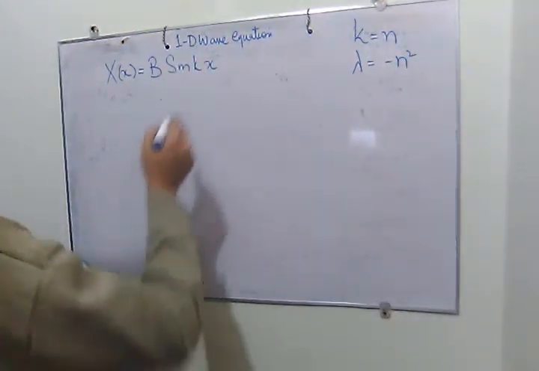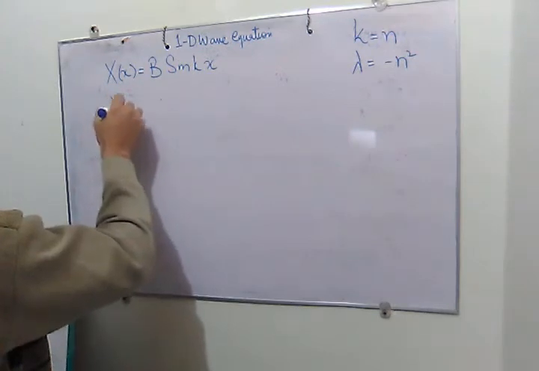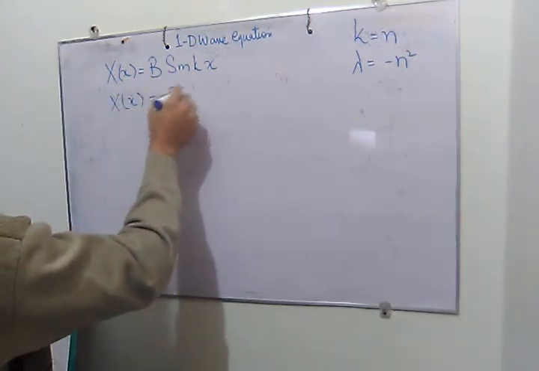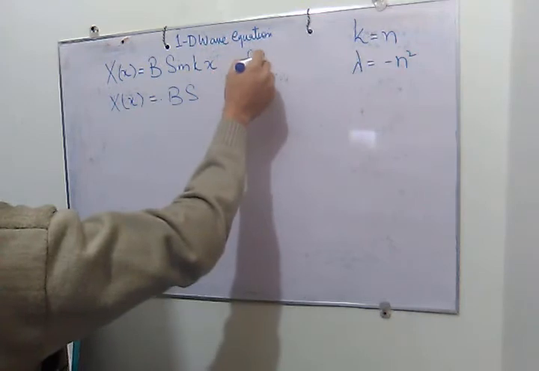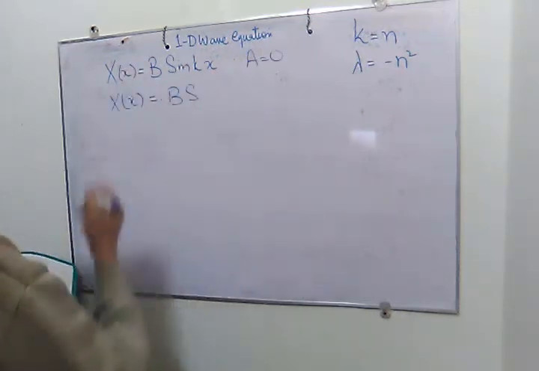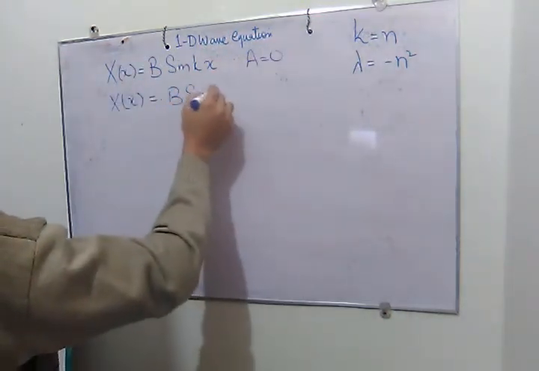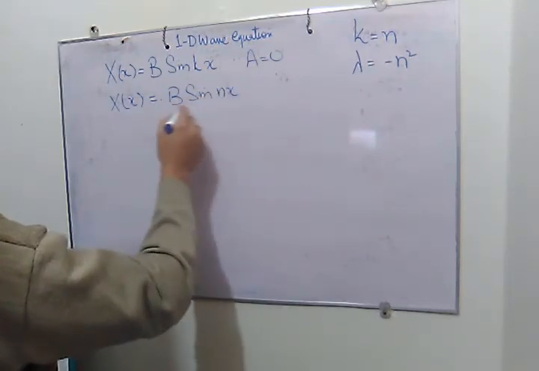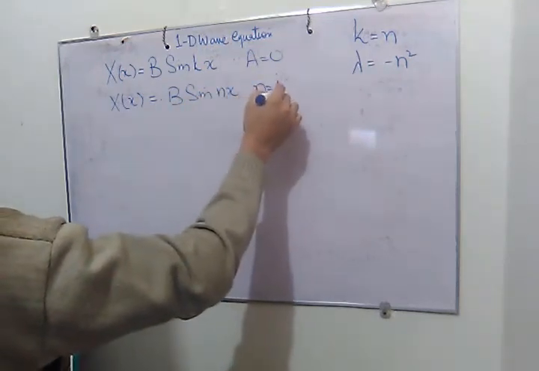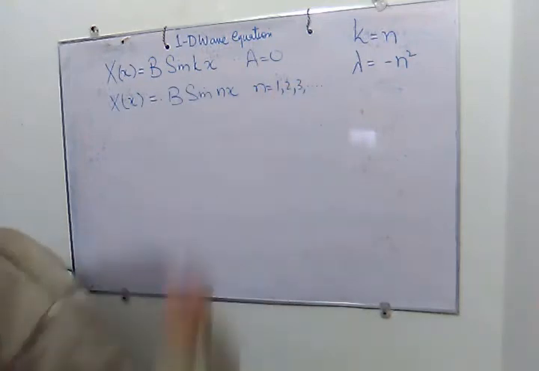And since we know the value of k, we can put it in. b sine, since a was 0. So the general solution reduced to this form, and we have b sine nx, where n is equal to 1, 2, 3 and so on.